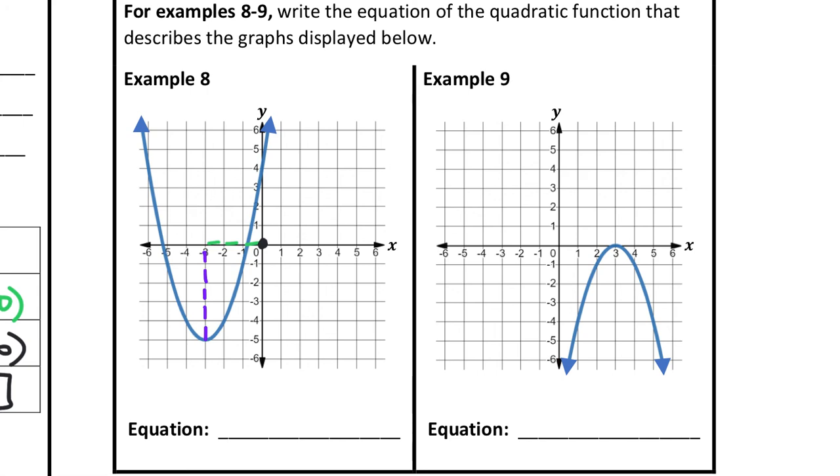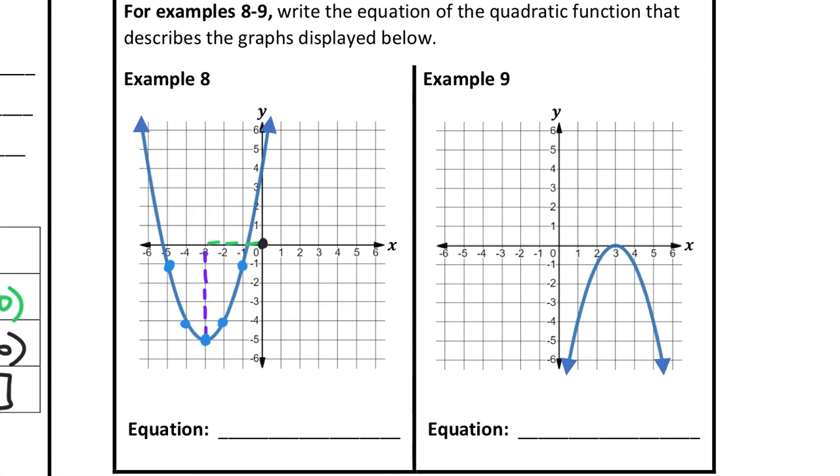What's the spacing in the points, right? If it's at 0, 0, then we go 1, 1, and then 2, 4, 2, 4. Okay, so there's no compression or expansion. Did the graph flip? Did it reflect?